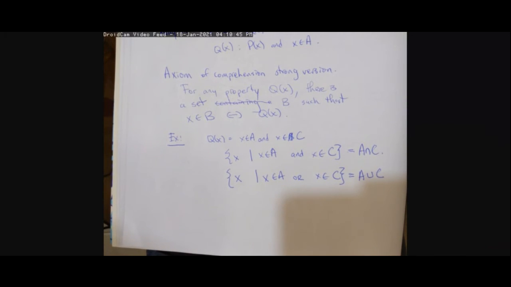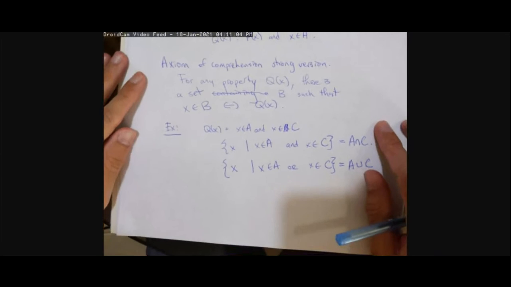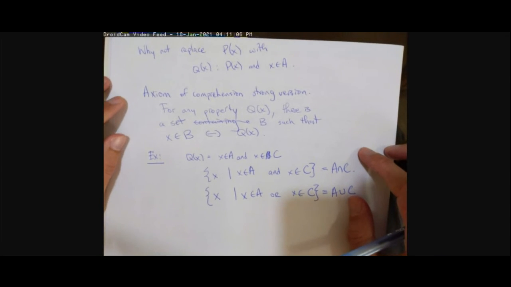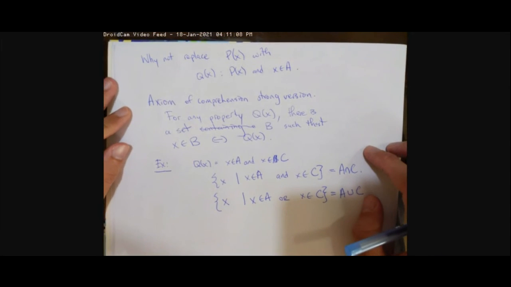Okay, so I guess now, if this axiom is so great, why the other axiom? Well, it takes longer to state and it seems worse. Well, the reason is this strong version is too strong. Okay, so this is called Russell's paradox.